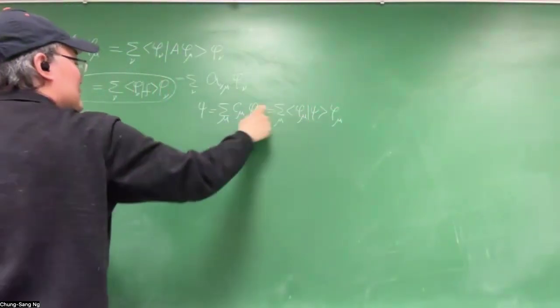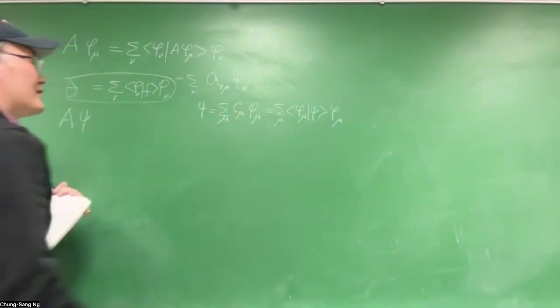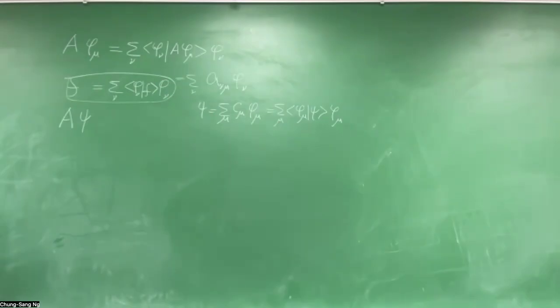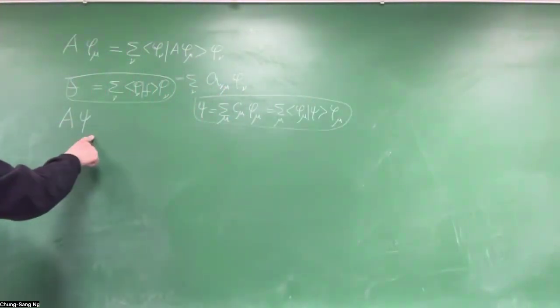So C nu is this scalar product, C mu is this scalar product. Okay, and now we want A to operate on that one.